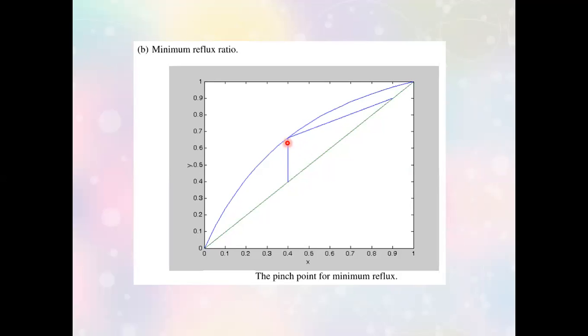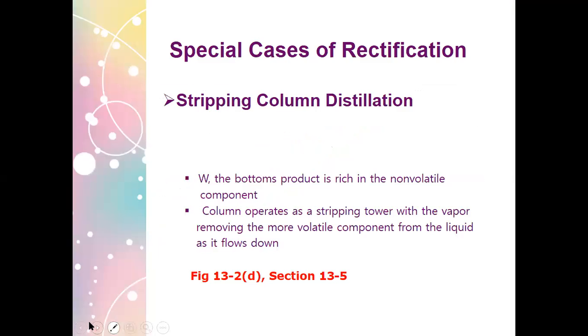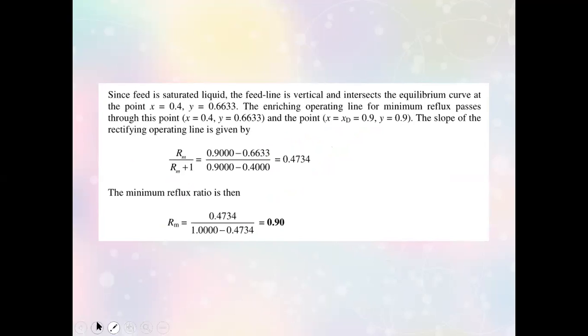Now, determining the minimum reflux ratio is very easy. Once you have the X, Y, and the Y prime and the X prime, you'll be able to get the R minimum. So if I will continue, our R minimum over R minimum plus 1 will be dependent on this particular X prime and Y prime values. If I'm not mistaken, it's in part 1 of the slide.